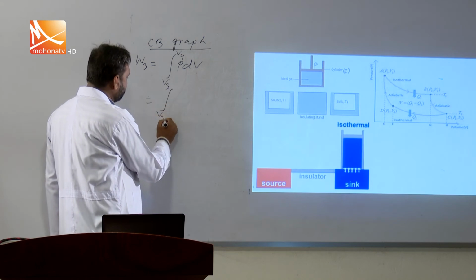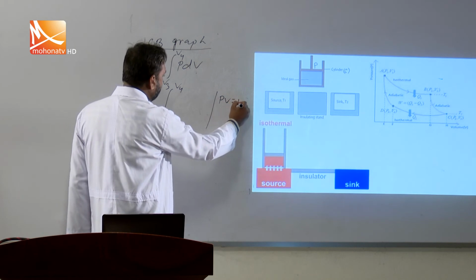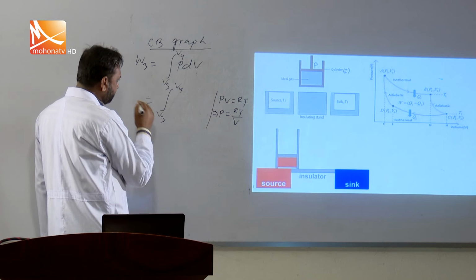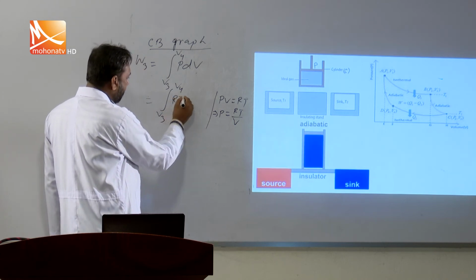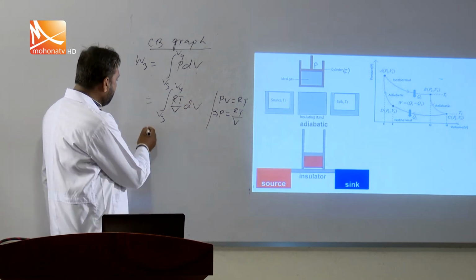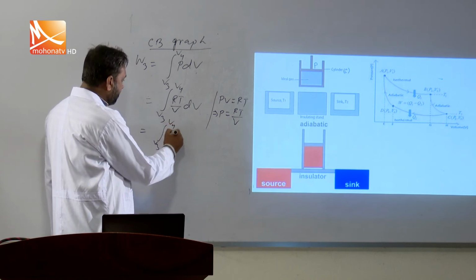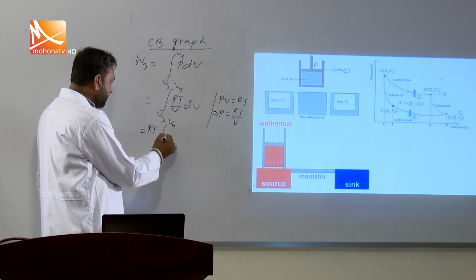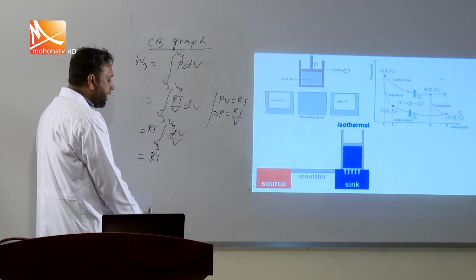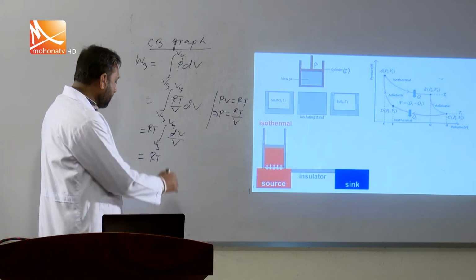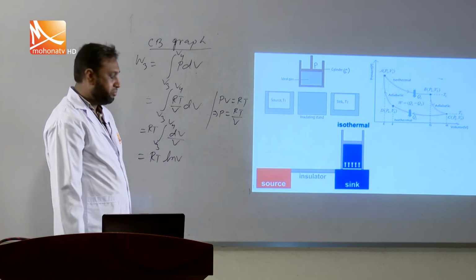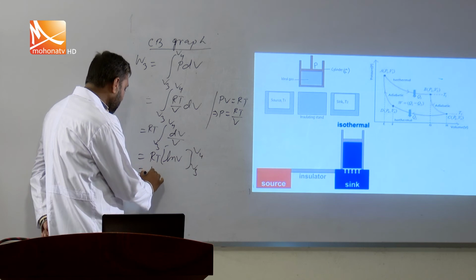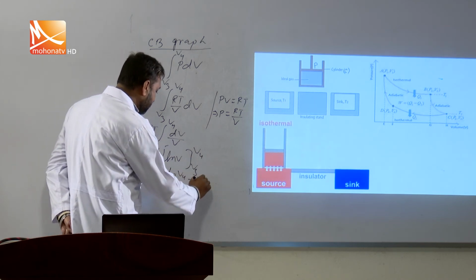So for an isothermal process from V3 to V4, you know PV equals RT, or P equals RT divided by V. So we replace P with RT divided by V into dV, integration V3 to V4, and here R and temperature are constant, and this constant can be written outside of the integration, RT dV divided by V equals RT, and you know the integration of dV by V equals ln V. So here integration dV by V equals ln V, and the limit is V3 to V4, equals RT ln V4 minus ln V3.